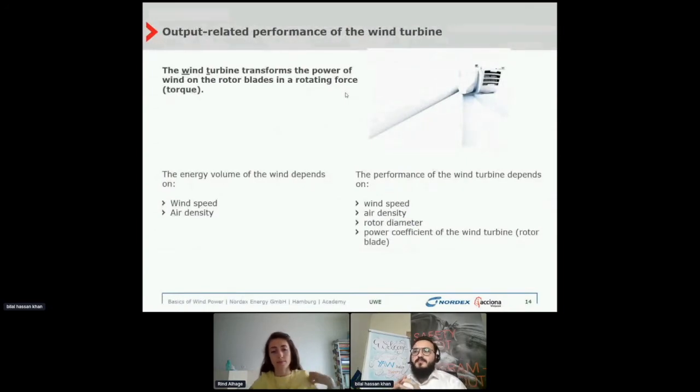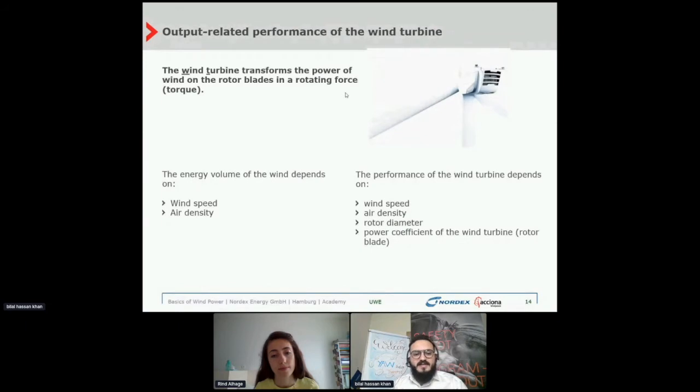There are some factors related to the performance of the wind turbines. The energy volume of the wind depends on the wind speed and air density. We know about the wind speed, but if someone is confused about air density, I would explain here. Air density is the volume of the air molecules in a specific area.